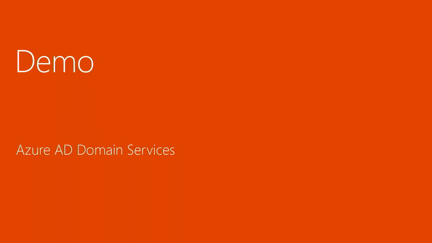So the question was, is replication in both directions, so from the domain service back, or just in the direction of Azure AD into the service itself? So it's very much one directional. So synchronization flows from your on-prem AD through AAD Connect up to Azure AD, and then the information flows from Azure AD through to the domain service, and nothing goes back. Okay, good question, thank you.